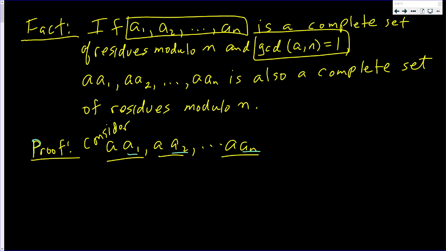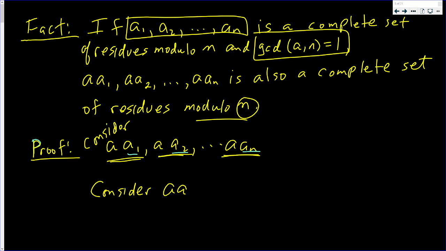They're different. But that's neither here nor there. We have n numbers, and I want to show that these numbers modulo n are all different.